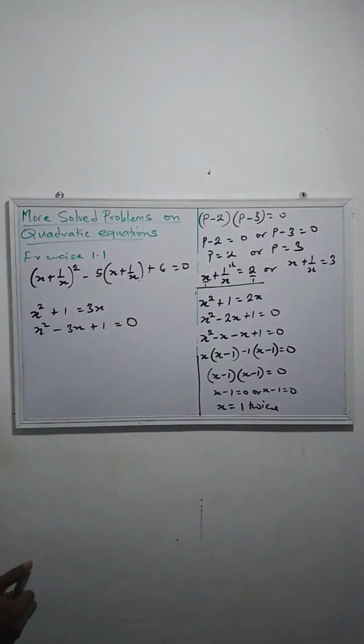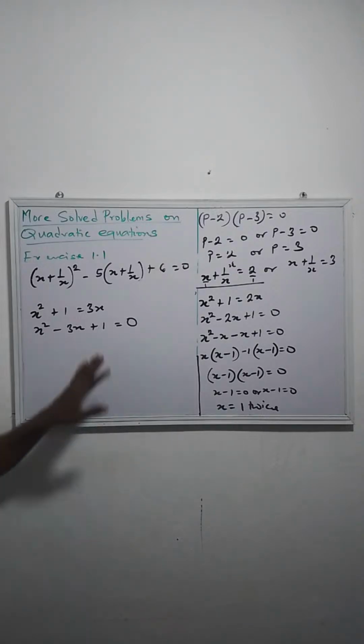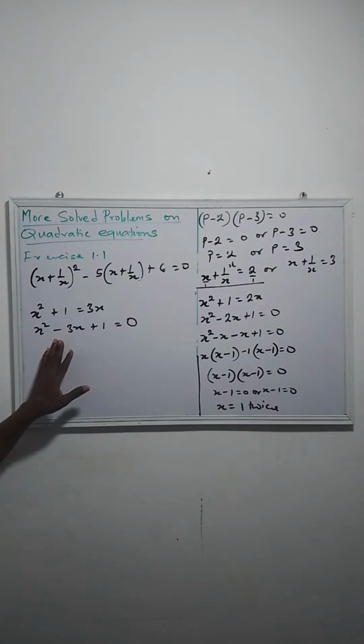All right, so now what are the two terms? Can you do that for me? The two terms, the addition is negative 3, and the multiplication is plus 1. Can you tell me what that is going to give you?